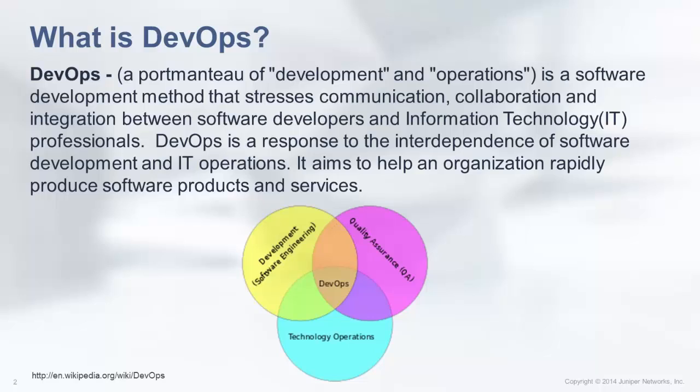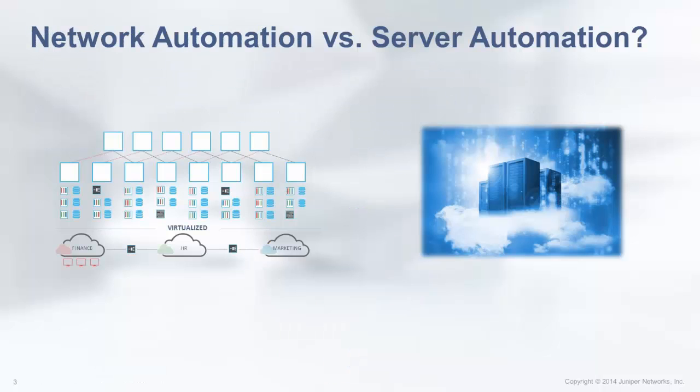No, I think you're onto something there. I think there's a lot of similarities between what we did some 10, 15 years ago in server automation and the road we're headed down with network automation. Do you see those similarities, and what do you think some of those are? Yeah, there are a lot of similarities. I actually started out in server automation a long time ago, and I got into network automation because I saw the challenges of automating networks were not completely different, but a little bit different.